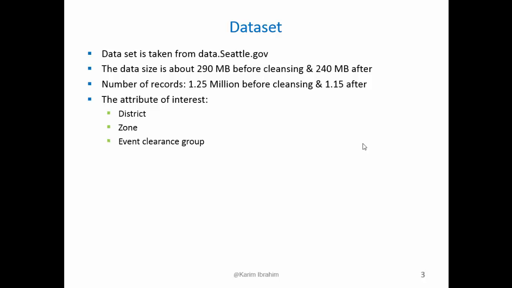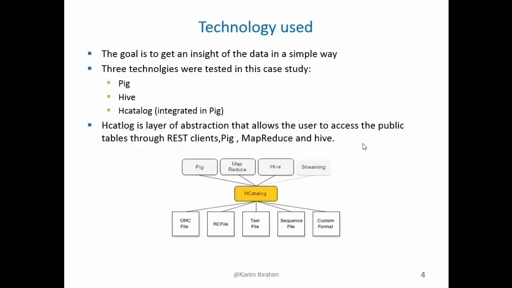This data set is from the Seattle Police 911 incident response, and it has the records from 2009 to 2015 for all the incidents that happened in the city of Seattle.